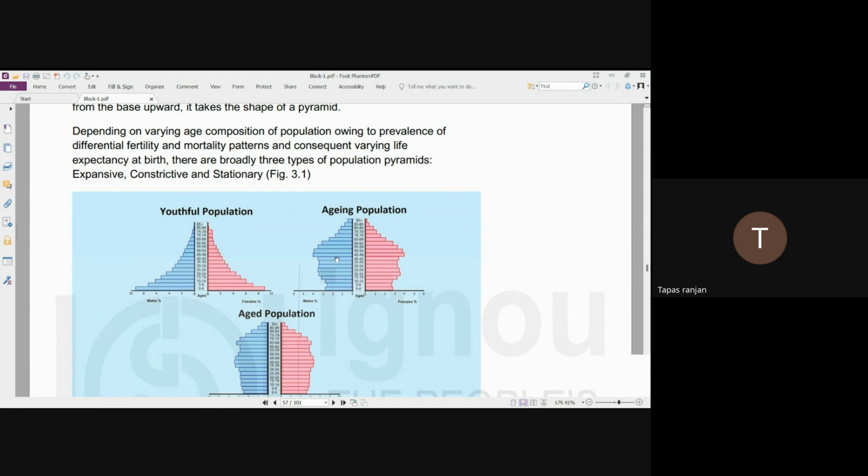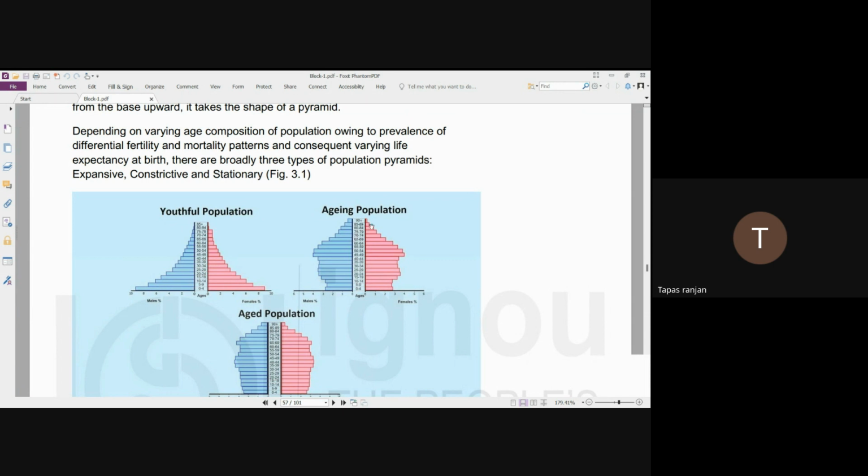And here, what will be the average age? The average age will be somewhere around this, somewhere around 45 to 49, or maybe just below that, around 40 to 44. Why? Because the population pyramid towards the top has an inclined top. What does that really mean?